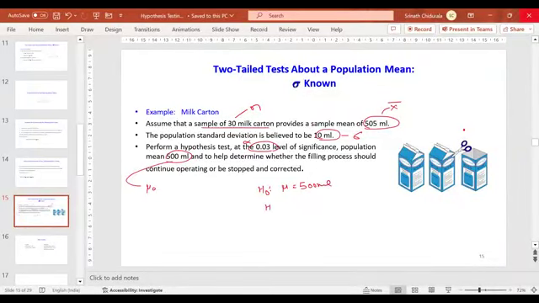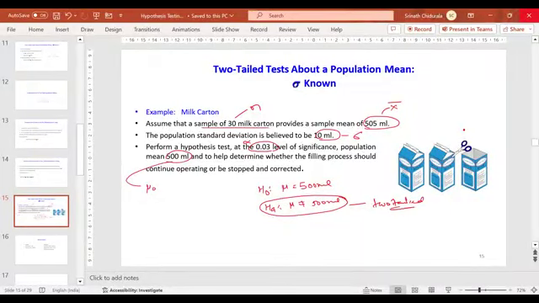And what we have to prove is that it is not equal to 500 ml. In your sample, it is coming out to be 505. Now we will statistically test that it is not equal to my given population mean, which is 500 ml. In this case, there is no less than or greater than. Here we are talking about not equal to 500 ml. So it qualifies for a two-tail test.